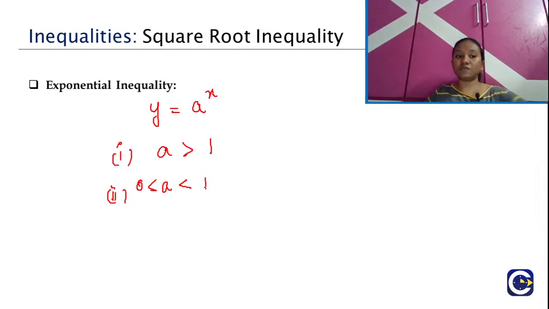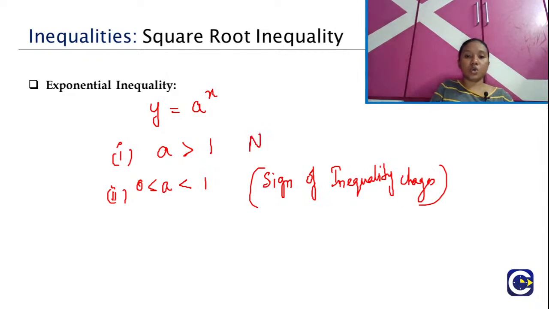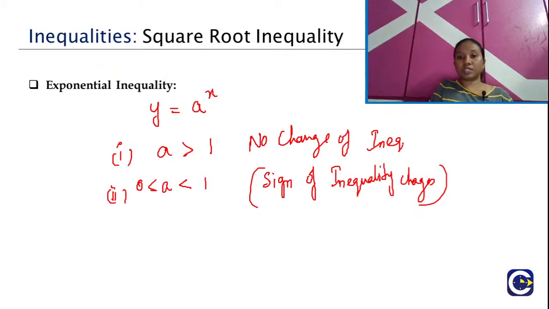And the conditions will be the same thing: for a in between 0 and 1, the sign of the inequality changes. Same conditions. And here, no change of inequality. Even in the logarithmic case we had the same thing.